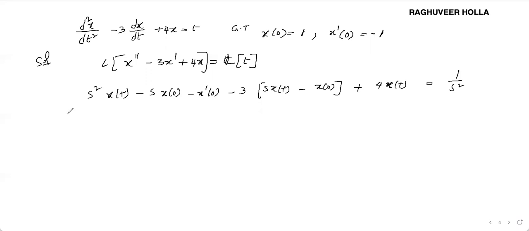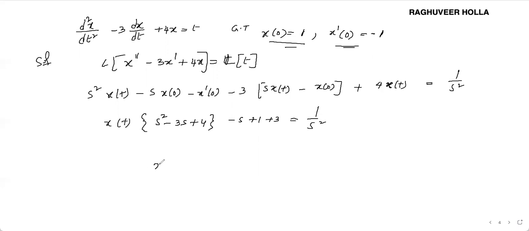And now this will be x of t of s square minus 3s plus 4, okay, minus s plus 1 plus 3 is equal to 1 by s square, by substituting x naught and x dash value here.